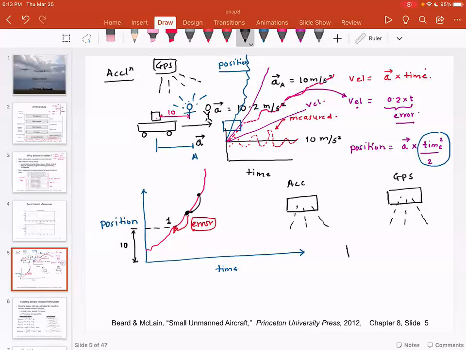So what I want to do is smartly combine these measurements and come up with the best possible estimate. And this is a very important problem.